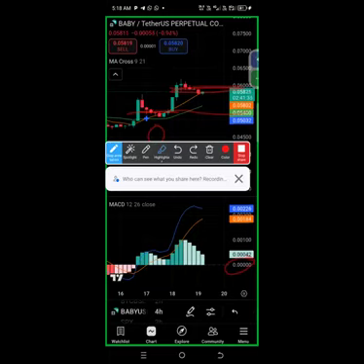But unfortunately, looking at this chart, you can see that the histogram is weakening. I've explained to you that the deep green shows how momentum is moving in the market, and the light green indicates that the strength or momentum is weakening, or basically fading.